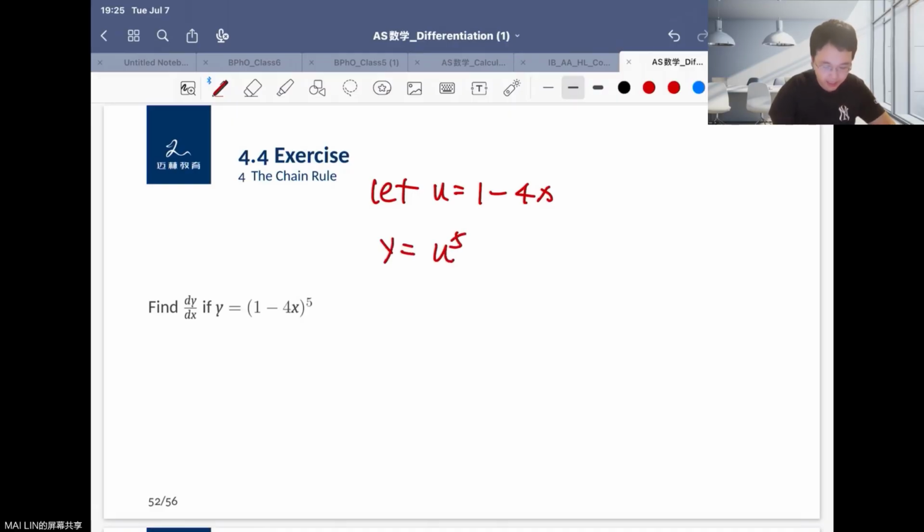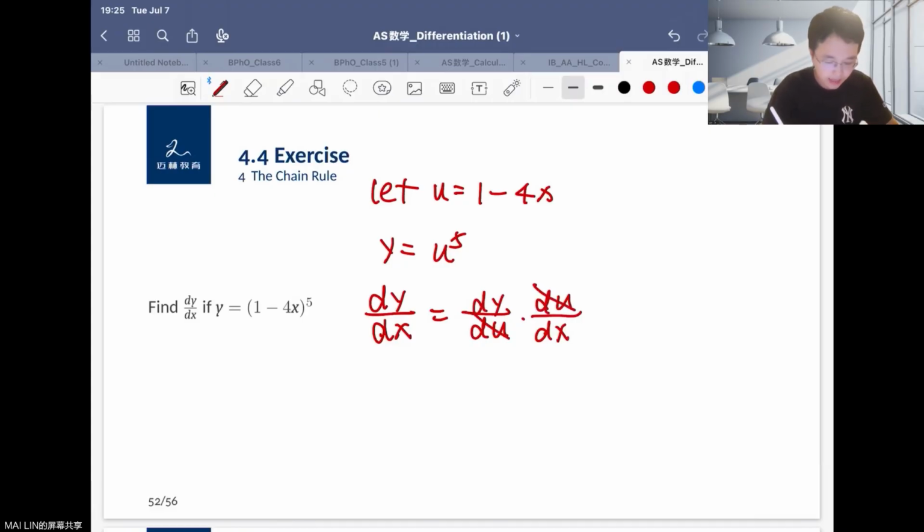We want to find dy over dx, so dy over dx is dy over du times du over dx, where the du cancel together.